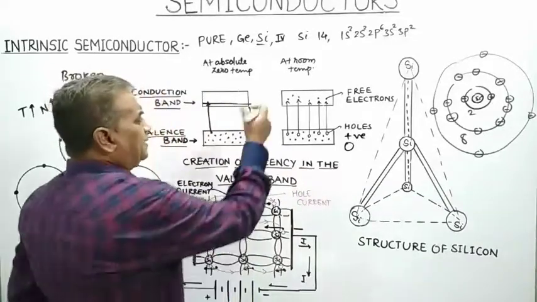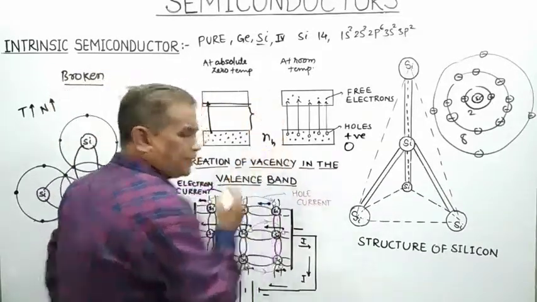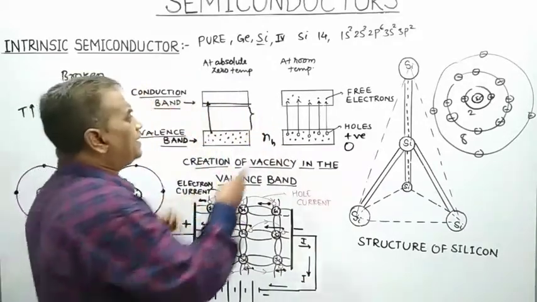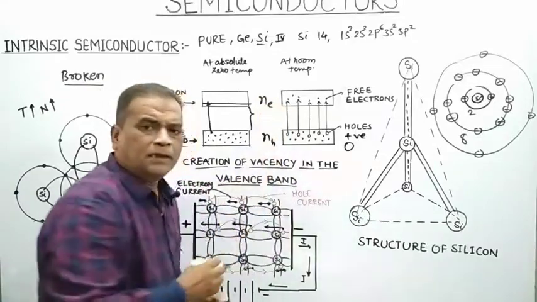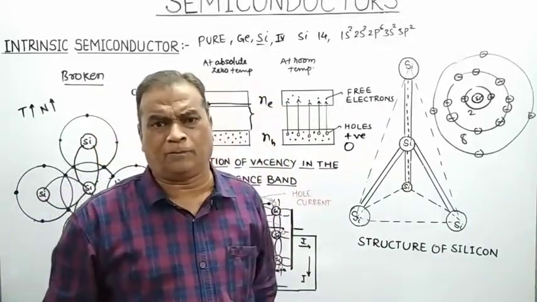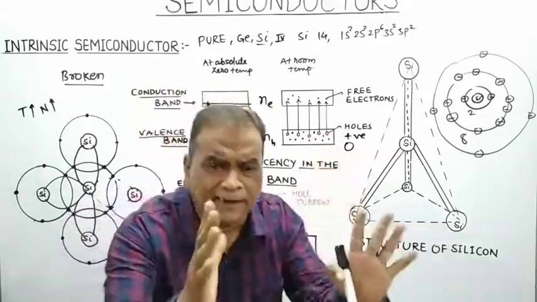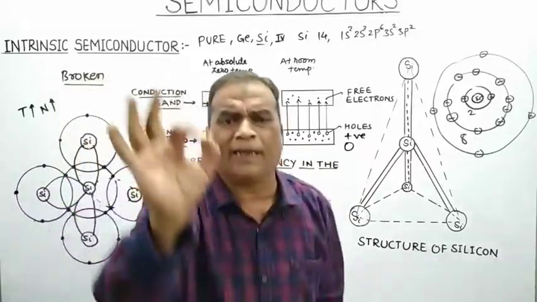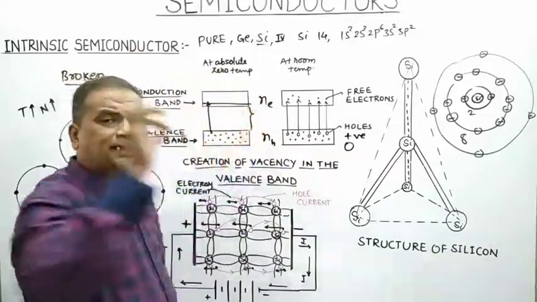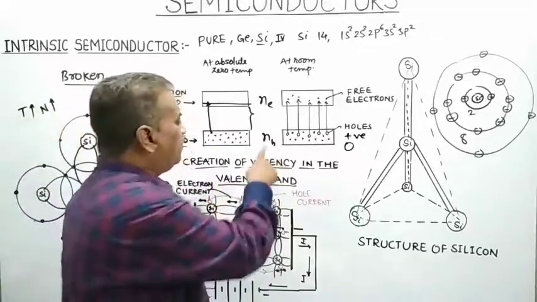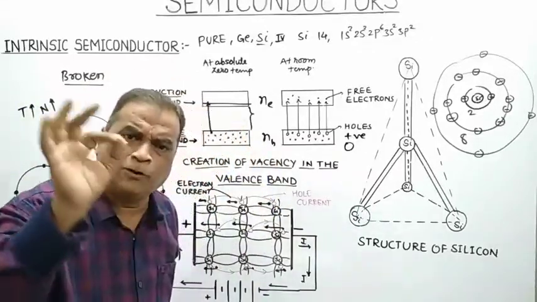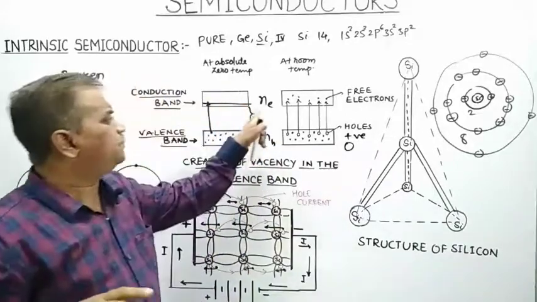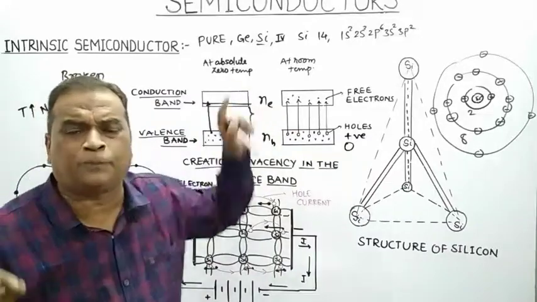In other words, if I say that NH represents number of holes per unit volume and Ne represents number of free electrons per unit volume, in an intrinsic semiconductor, NH represents number density of holes, that is number of holes per cubic centimeter, and Ne represents number density of free electrons, that is number of free electrons per cubic centimeter.